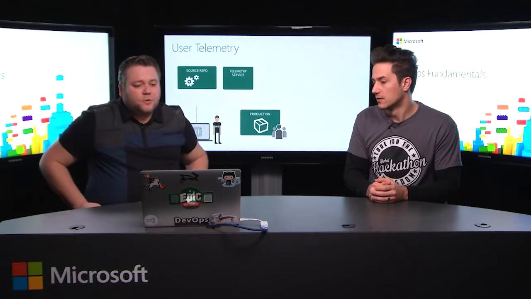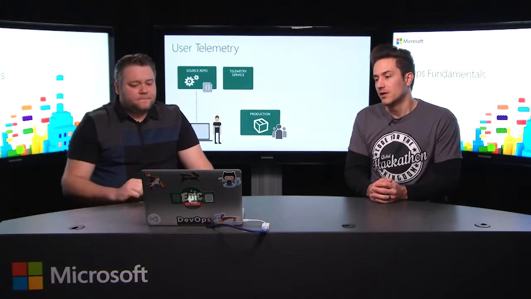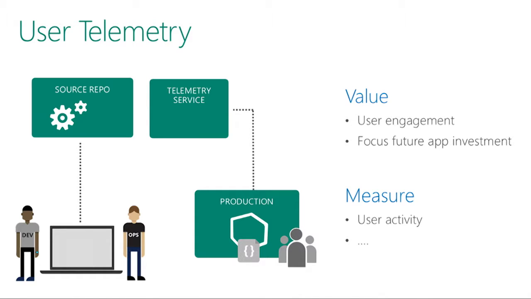Here we go. Next one, user telemetry. The basic principle here is that within your code, which lives in your app, you've got something that you're tracking that you care about, and that data then goes up to the telemetry service. There's all kinds of products that do this. Ours, Microsoft's, is App Insights, and we're going to show you this a little bit later in the demo.